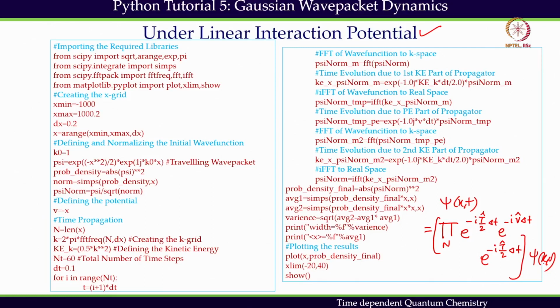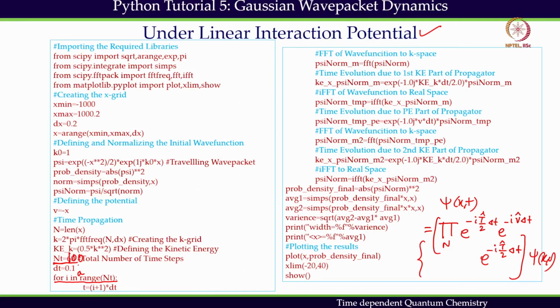This is what we have to implement, and we know that this product has to be implemented through a for loop, exactly here: for i in range nt. Instead of range we are going to use the range functionality. The total number of time steps I can consider to be 60 or 100, depending on whatever we want.